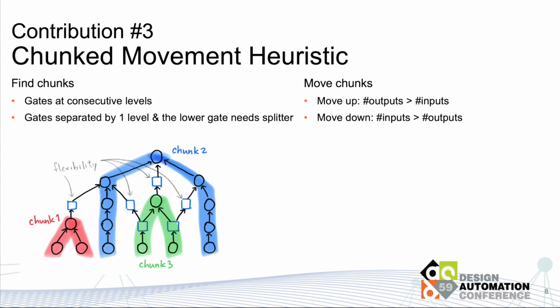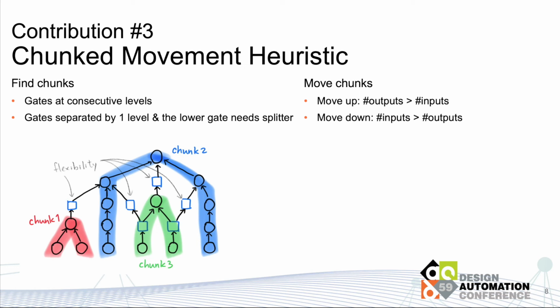So our third contribution is a heuristic to globally optimize the schedule by moving chunks. Intuitively, a chunk is a tightly connected set of gates in a scheduled circuit that must be moved all together.